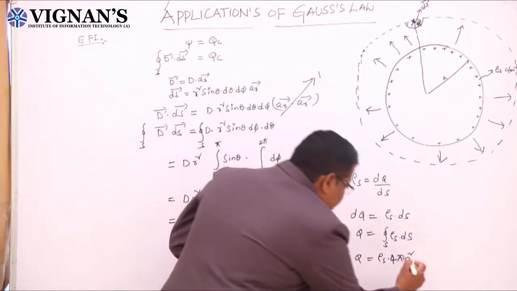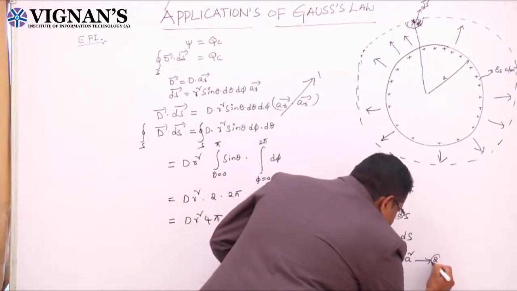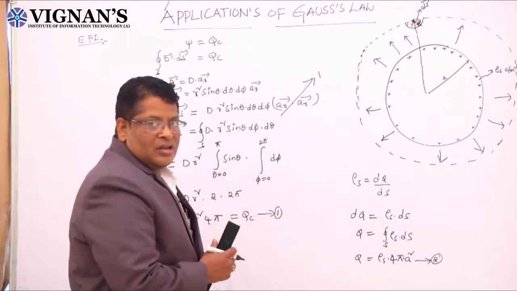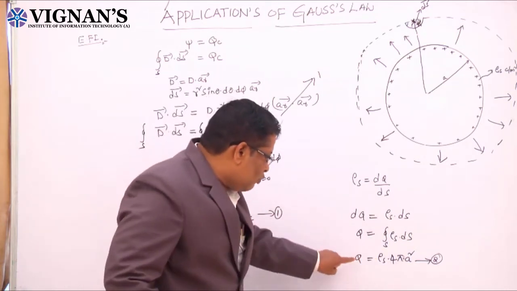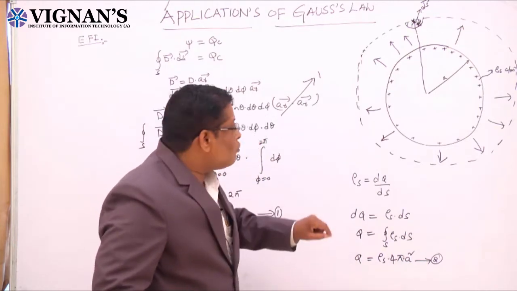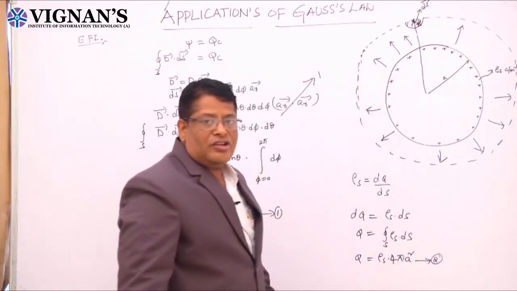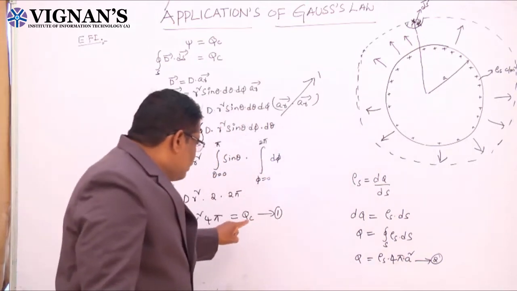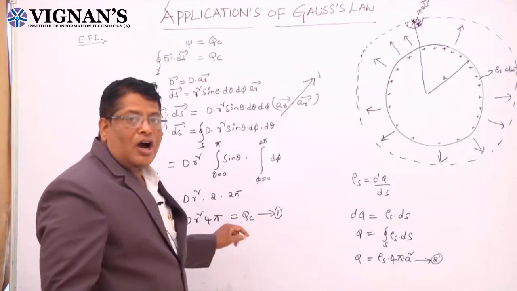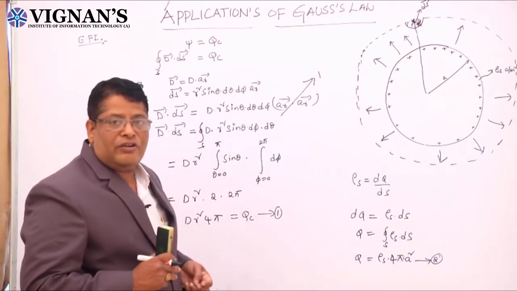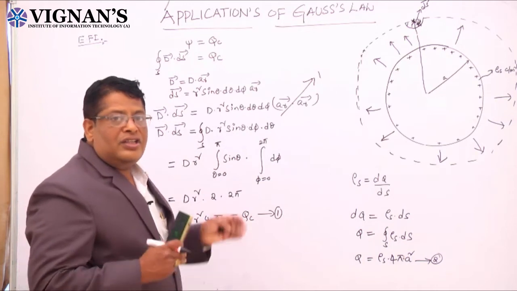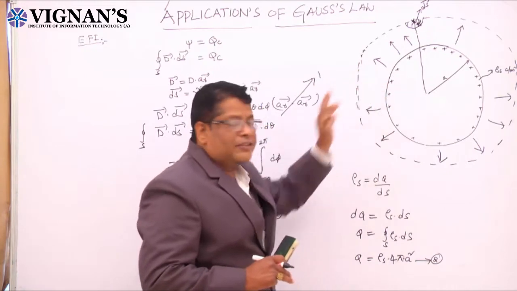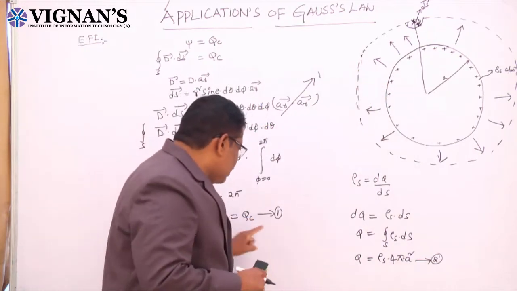Take this as equation 2, and the earlier one as equation 1. Coming again to equation 2, Q is the charge on the sphere. Q enclosed is the charge enclosed by the Gaussian surface, which equals the charge on the inner sphere. So Q enclosed equals Q.